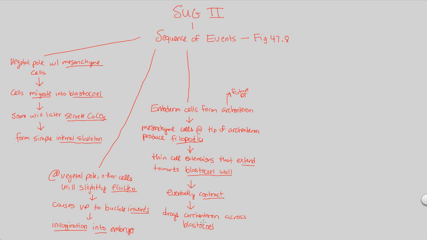And we'll leave it at that for right now. So this is our development of the archenteron and the consequence of that development. This archenteron is being dragged across the blastocoel. What's the purpose of that? Well, as this dragging occurs, the blastopore, which is the open end of the archenteron, the first open end, actually, fuses with the blastocoel wall of the overall structure.